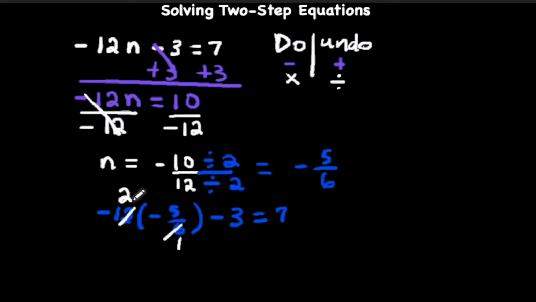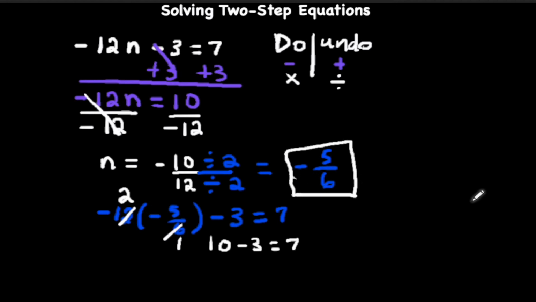We still have this negative sign out in front. So we have negative 2 times negative 5, which is positive 10, minus 3 equals 7. So that means our solution of negative 5/6 or negative 10/12 is correct.